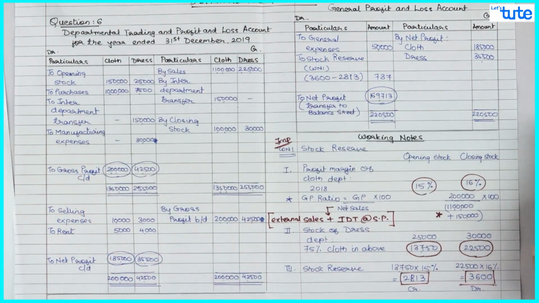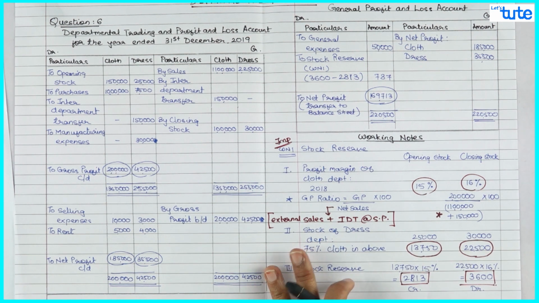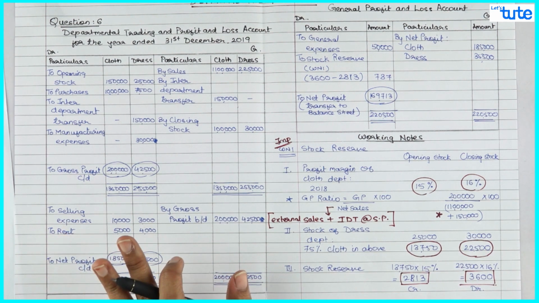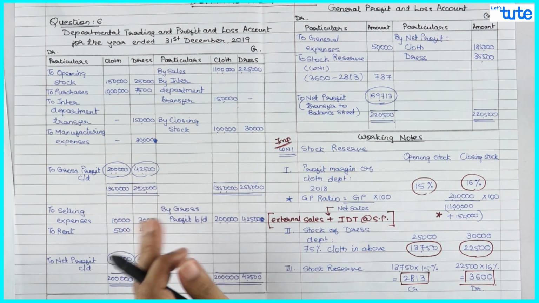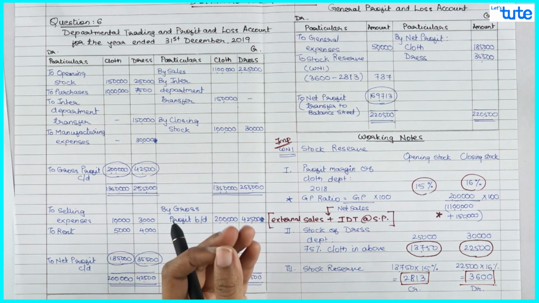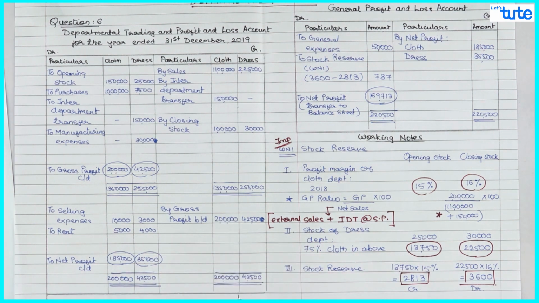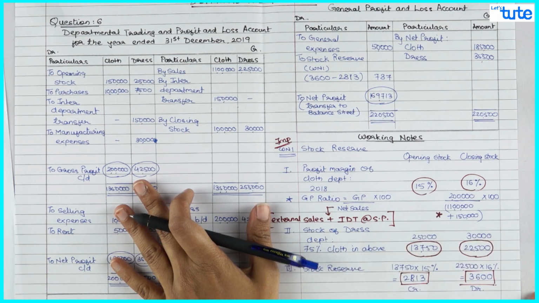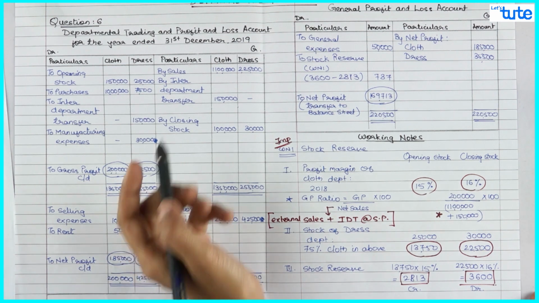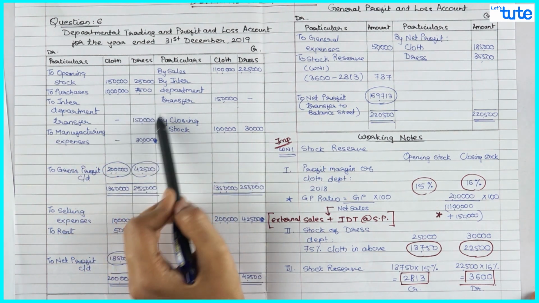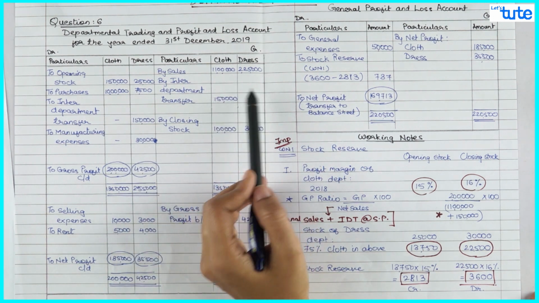So that's it. If you just see the question, preparation of departmental trading and P&L account, now it is very simple. We have solved many sums on this, with allocation and everything. We have discussed how to allocate the expenses. If the question gives you some data regarding, we have done the sum on various allocation adjustments, so that we have done. Over here everything was directly given, just this interdepartmental transfer. So it would be debited where the goods are received, and it would be credited from where the goods are going out.